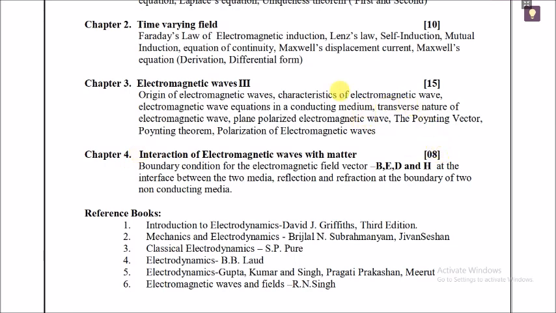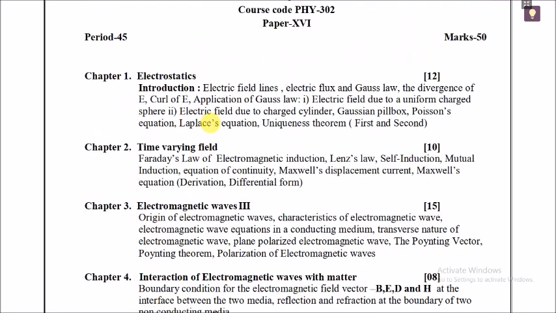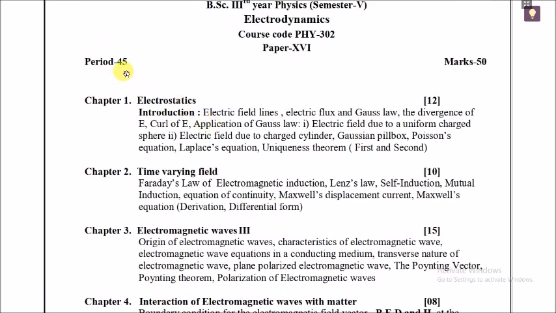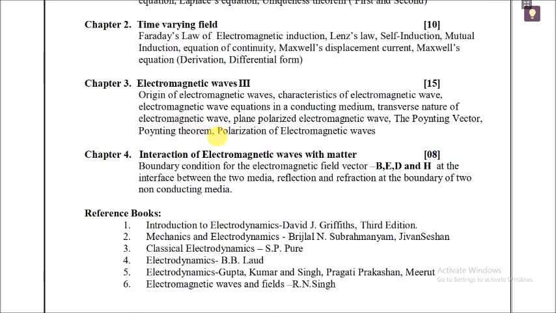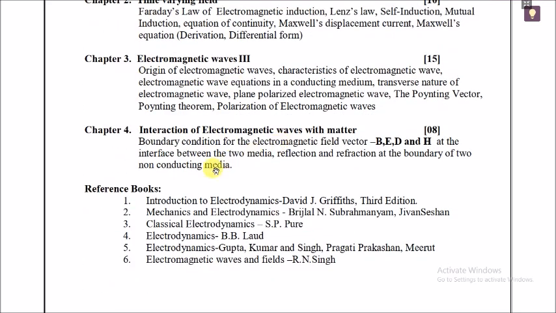So overall these are the 4 chapters for this paper, and a total of 45 lectures are given to us for the completion of this paper. For this paper we have different reference books.